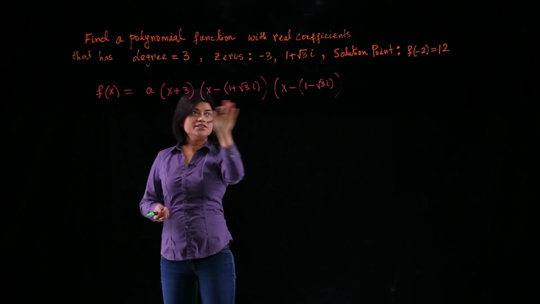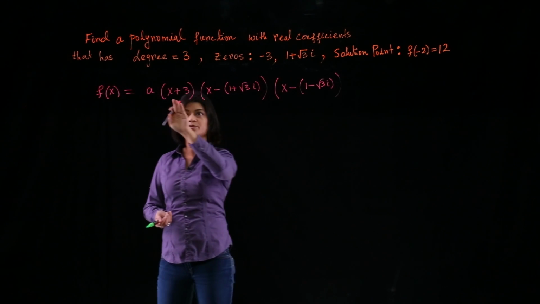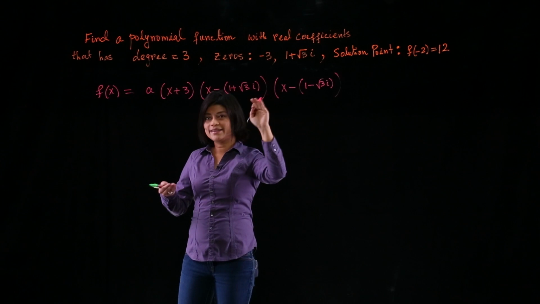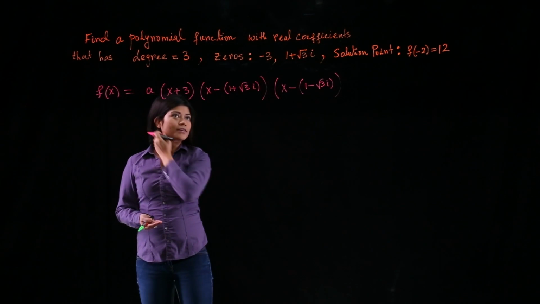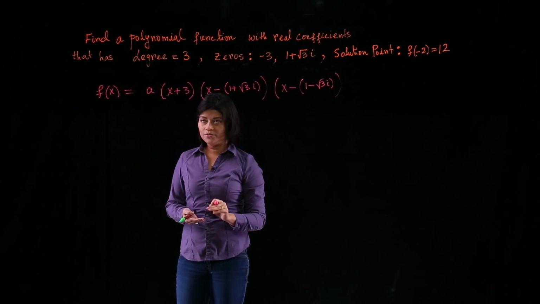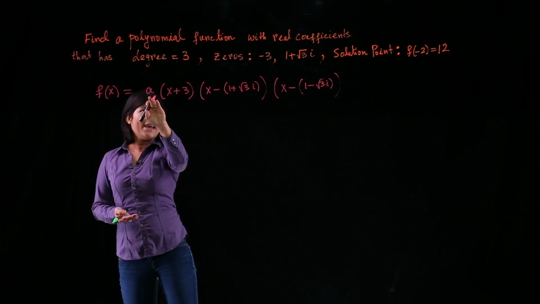If you do that, you notice that there are 3 factors. If you multiply all the x's, you will get x times x times x, x cubed, and that means this polynomial will have degree 3. So the only thing that is missing now is what this a will be.